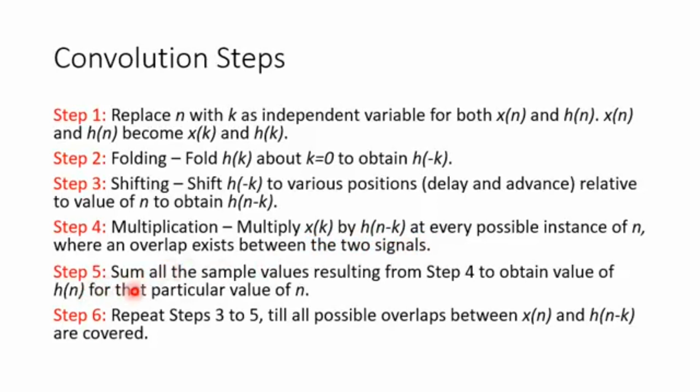Step 5 is that once we multiply the two signals, we add all their values. You remember the big summation that sums all the multiplication points to get one value for y[n]. We keep repeating steps 3 to 5 until all possible overlaps have happened between the signal x[n] and h[n-k].